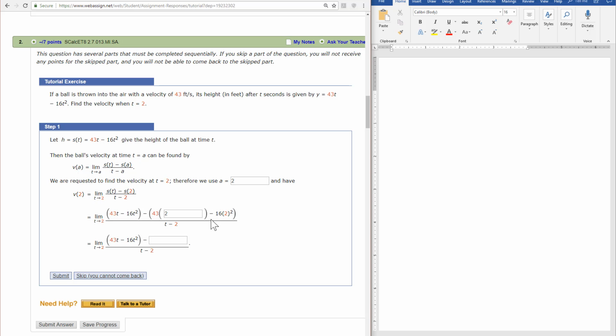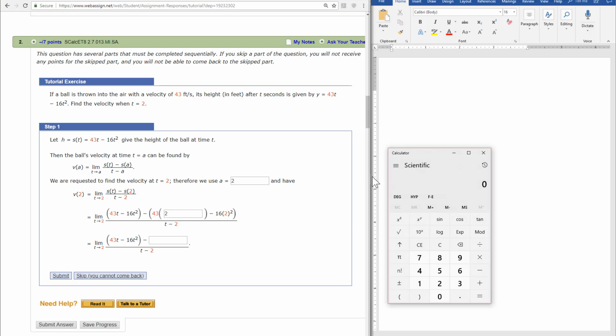So now let's simplify this. I think I need a calculator for this one. This is 43 times 2 minus 16 times 2 squared. So that is 22.